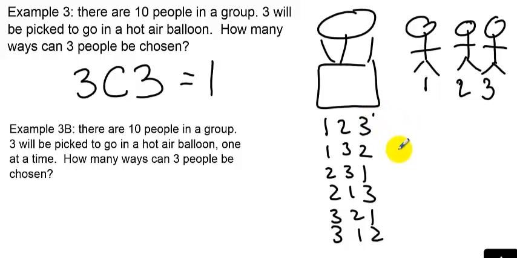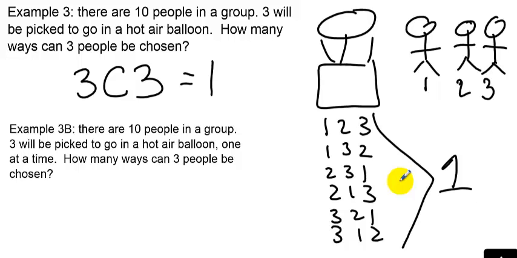What we're saying is that the order of these numbers doesn't make a difference. So really, they're just one possible outcome. All 3 of them are being chosen to go into the air balloon. It doesn't matter what position they're standing in because they're all just sitting in the balloon enjoying the scenery.